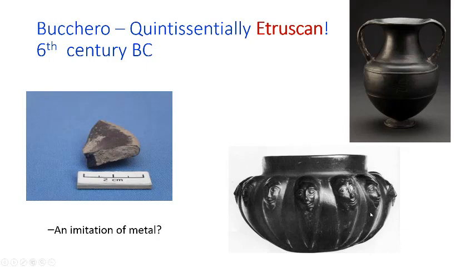This particular vessel at the bottom and the one at the top, for that matter, are both shapes that they would have also created in bronze. So it may be the case that the goal of bucchero was to mimic metal vessels.